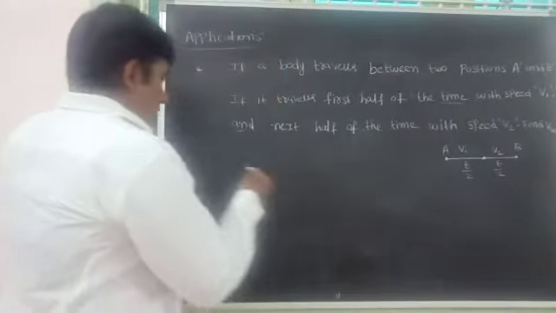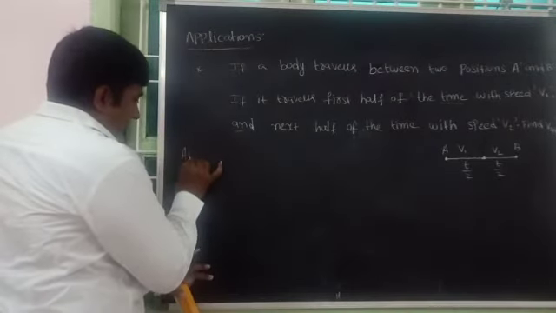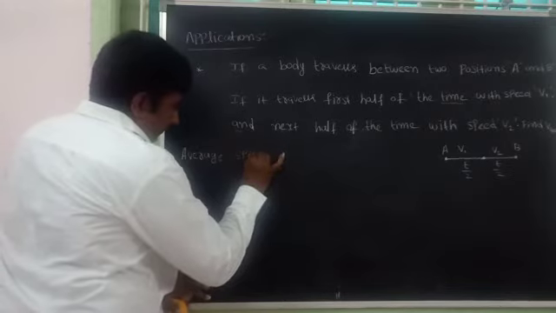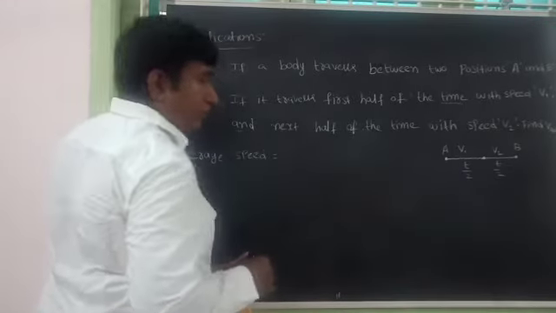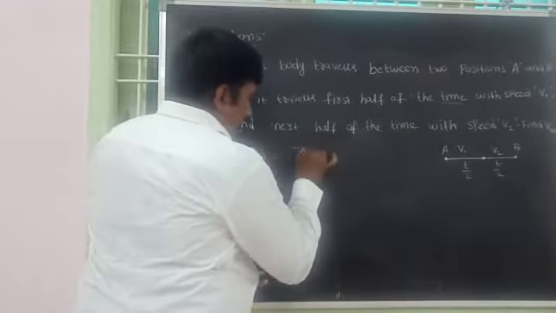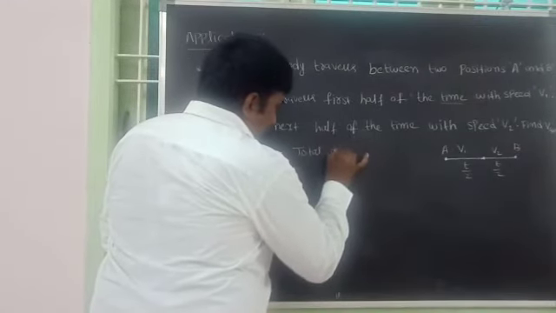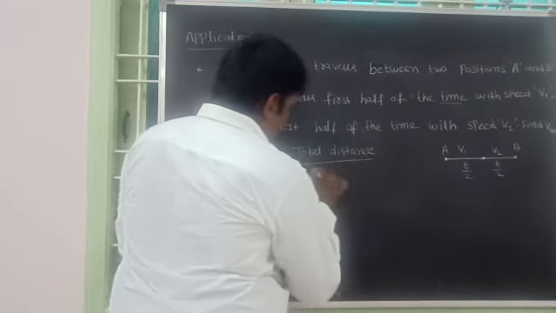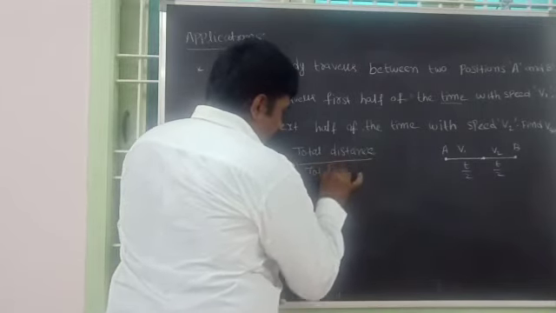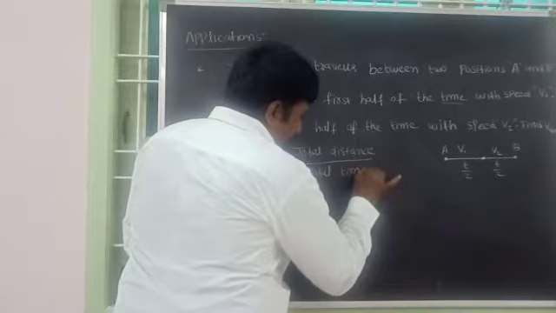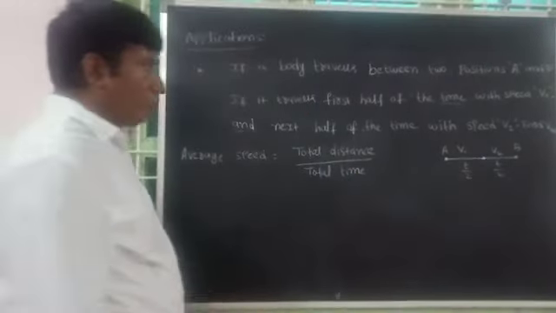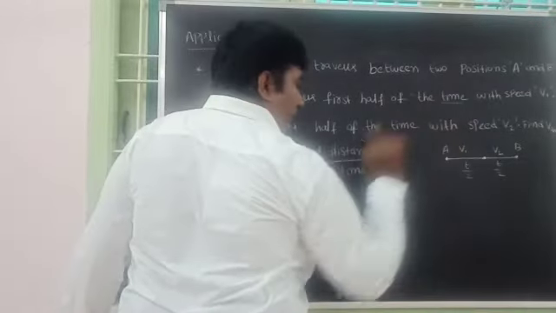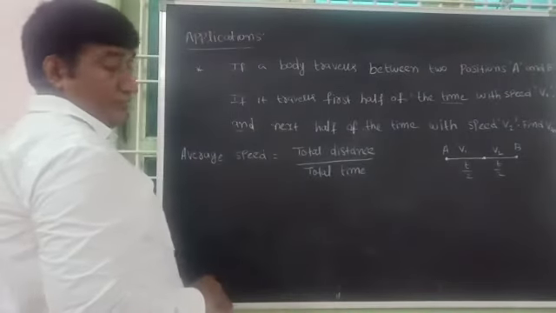But in order to find the average speed, we know the formula. What is the formula? Total distance by total time. Here we know the time is t by 2 plus t by 2, and they have given v1 and v2, but not the total distance.